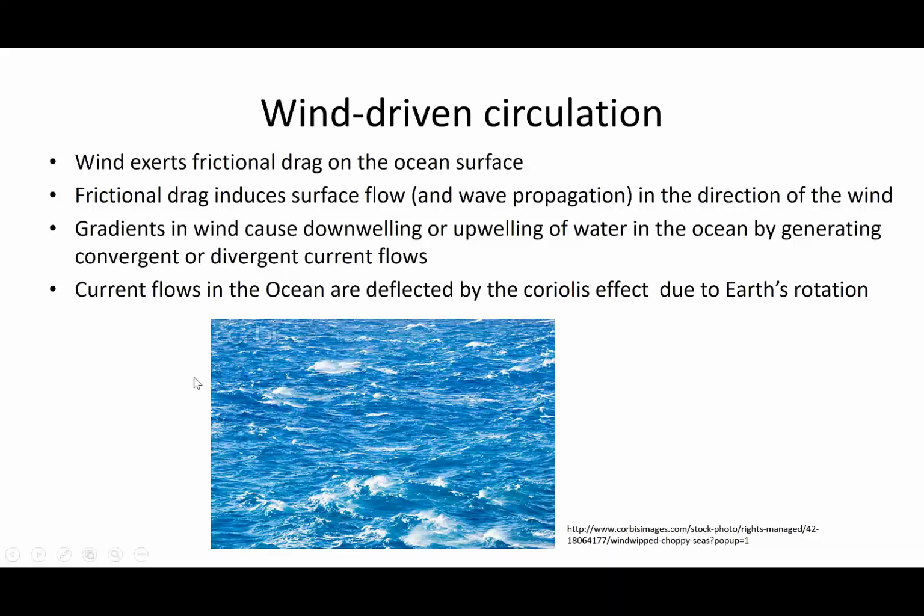So that frictional drag is said to induce surface flow and wave propagation in the direction of the wind. Gradients in wind speed cause downwelling or upwelling of water in the ocean by generating convergent or divergent current flows. And these current flows are deflected by the Coriolis effect due to Earth's rotation.